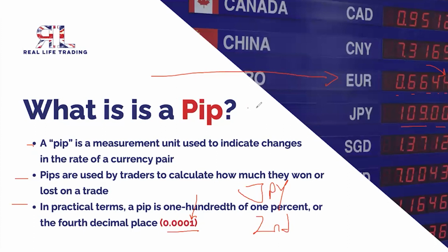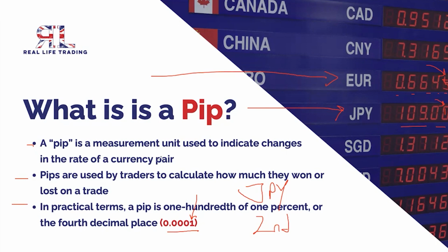So that's how we look at that. When this increases, we're looking at this number here, and that would govern the pip movement. So if that goes to 0.1, then it's moved 1 pip, and if this moves to a 5, then it's moved up a pip. Okay, does that make sense to everyone?